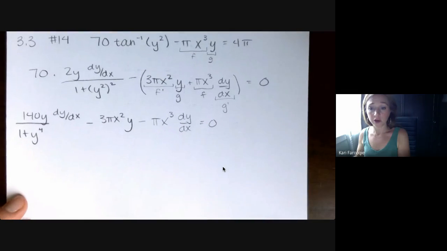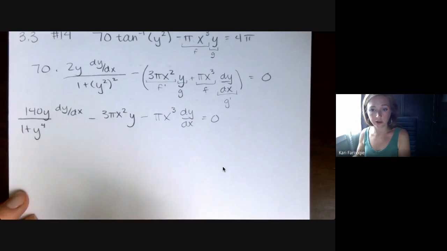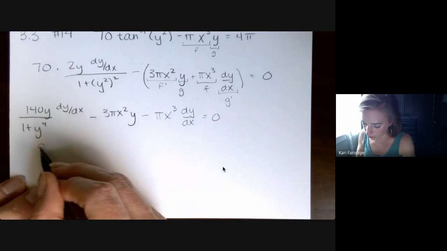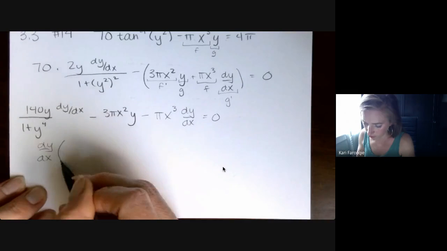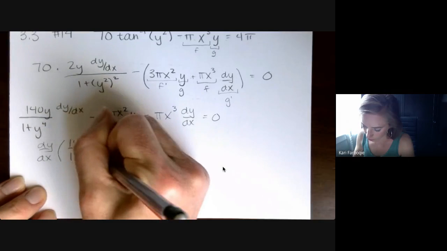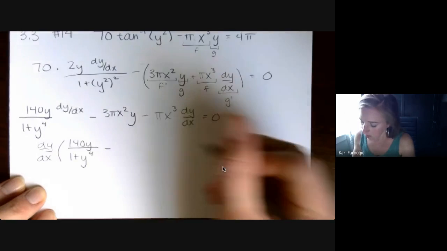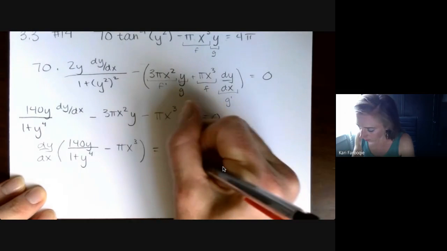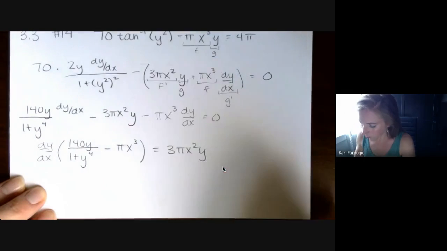And now I'm going to leave all the dy/dx's on the left and all the non-dy/dx's on the right. So if you'd like, since they're both already on the left, you can go ahead and factor out the dy/dx. That leaves you with 140y divided by 1 plus y to the 4th minus pi x cubed equals positive 3 pi x squared y.